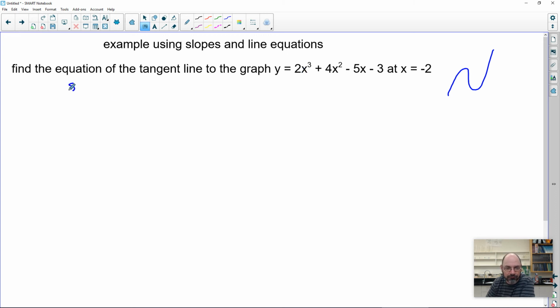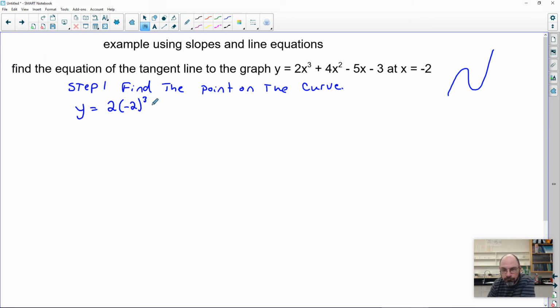So step 1, find the point on the curve that you're going to deal with. So we're just going to plug it in there. y equals 2 times negative 2 cubed plus 4 times negative 2 squared minus 5 times negative 2 minus 3.